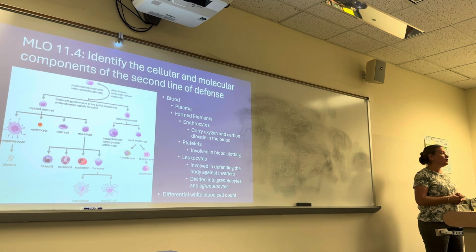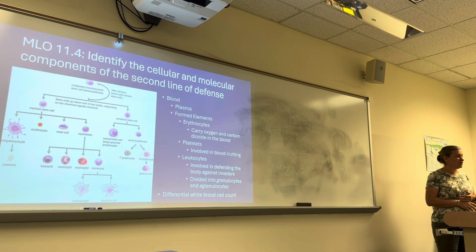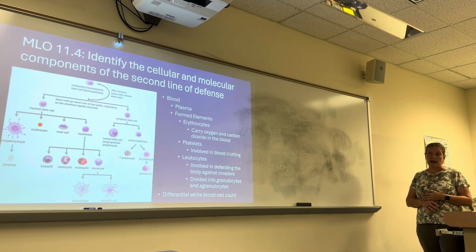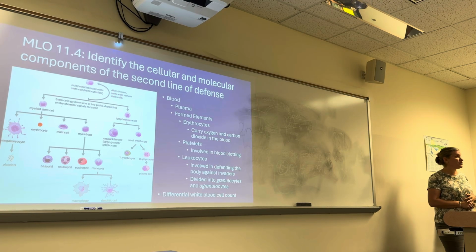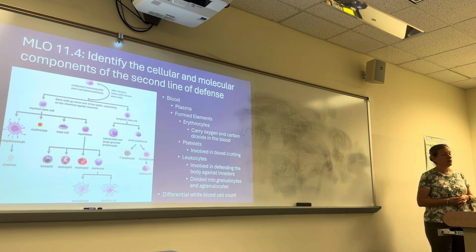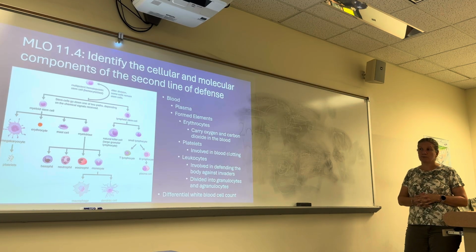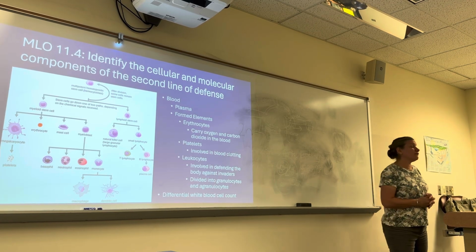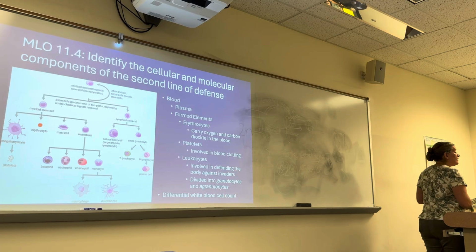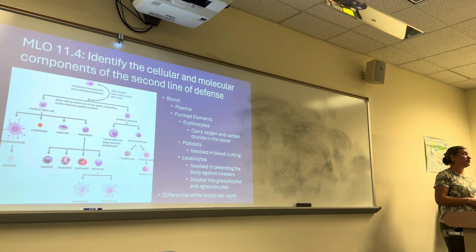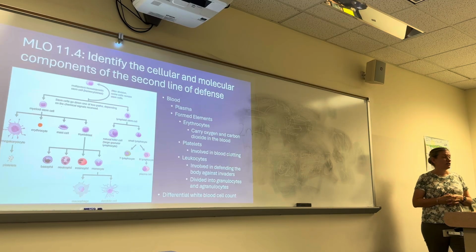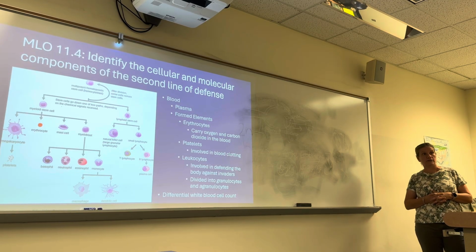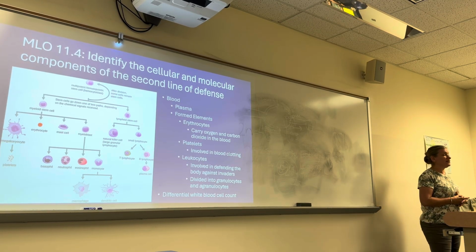Okay, if you see an increased number of eosinophils, that usually indicates an allergic response to something, or parasitic worms, the helminths. Right, they have an infection of a parasitic worm. If you see an increase in white blood cells across the board, you have a high white blood cell count, as well as your neutrophils are on the higher level, that usually indicates a bacterial disease.